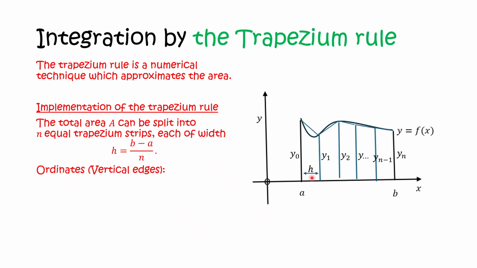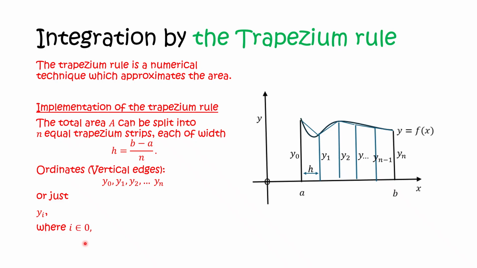Now, we also have what we refer to as the ordinates or the vertical edges. Now, y0, y1 up until yn. These are the sides or the edges. Or just yi, where our i is between 0 and n.